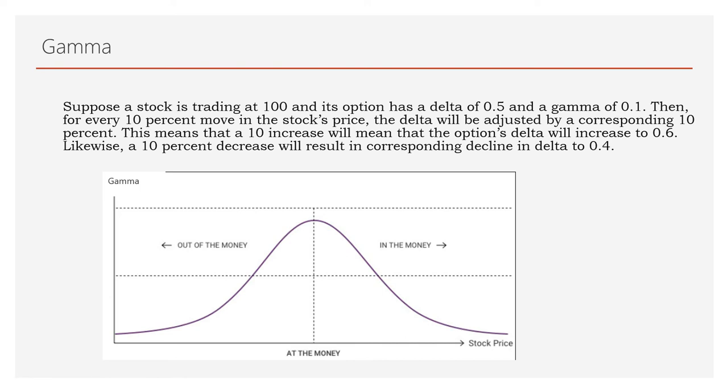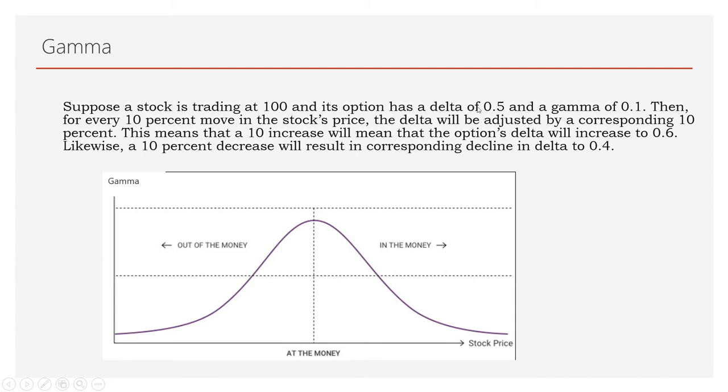Suppose a stock is trading at 100 and its option has a delta of 0.5 and gamma of 0.1. Suppose there is a move in the stock of 10%. It means the delta of that option will also move. Earlier delta was 0.5. The stock moved by 10 points, so delta will also increase to 0.6.